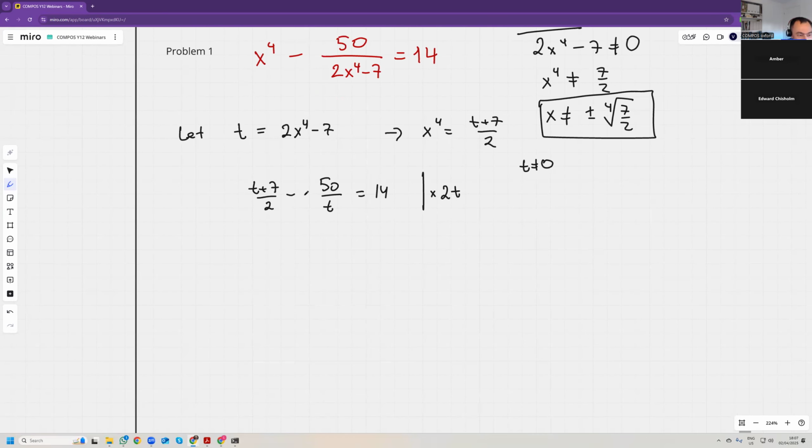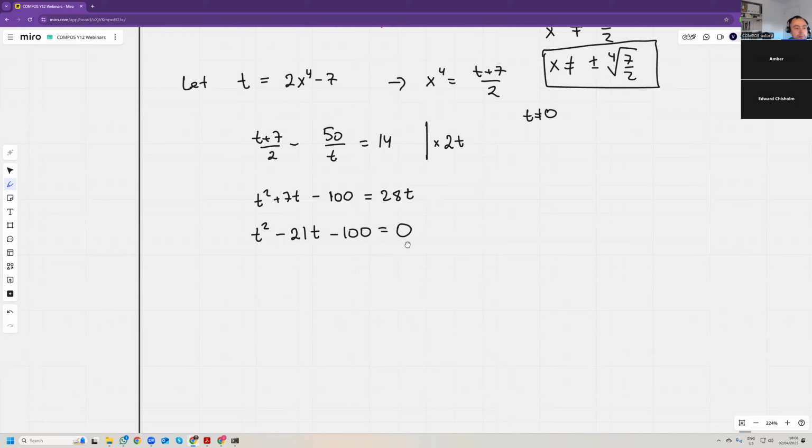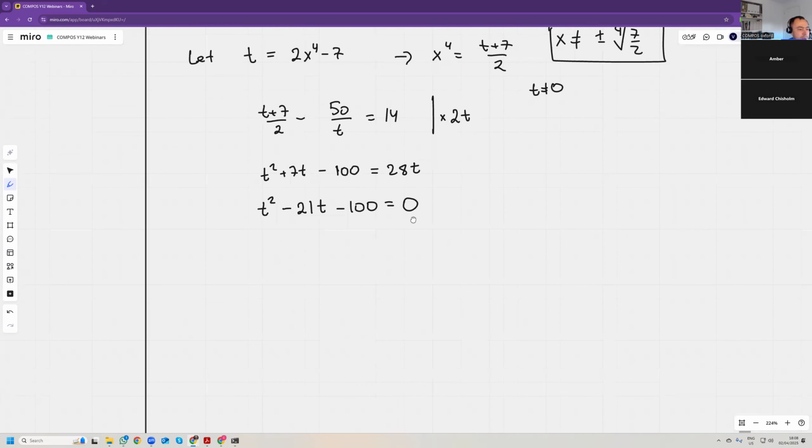So I multiply everything by 2t, so that becomes t squared plus 7t minus 100 equals 28t. t squared minus 21t minus 100 equals 0. 121, 25 and 4.